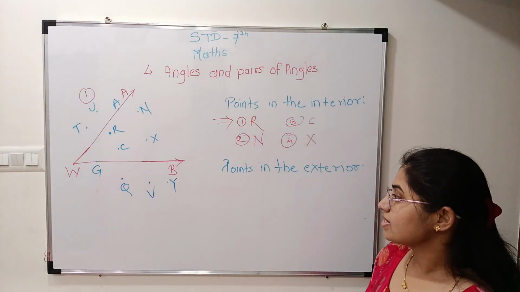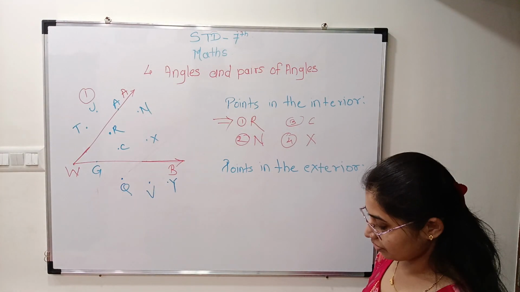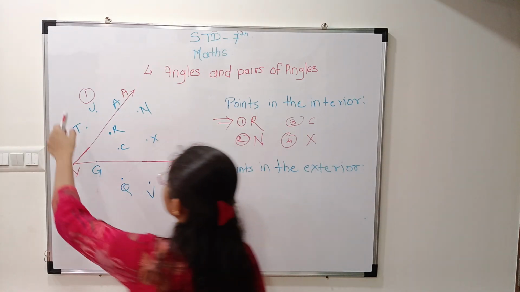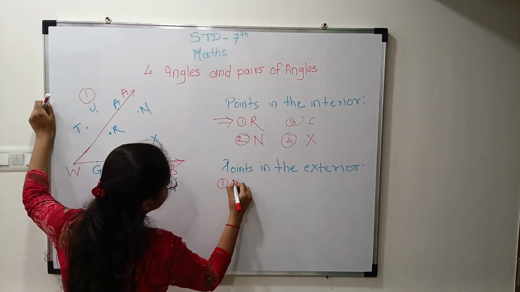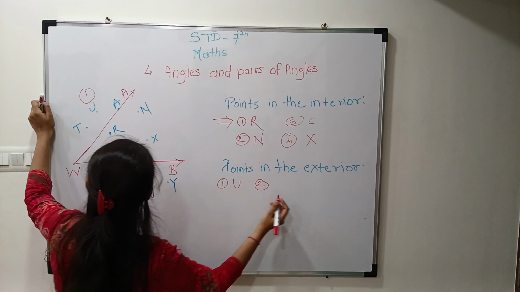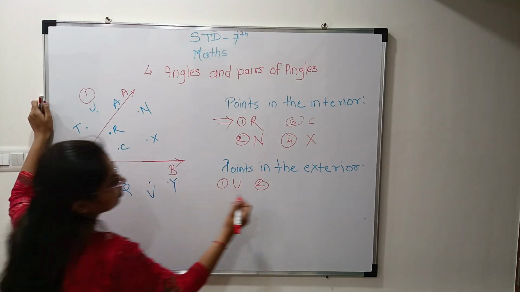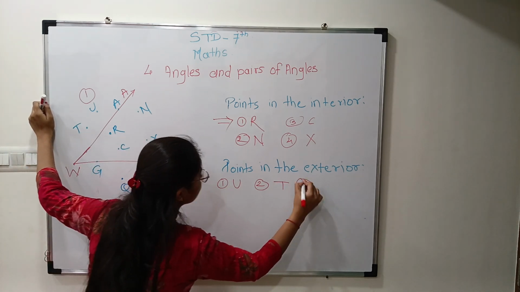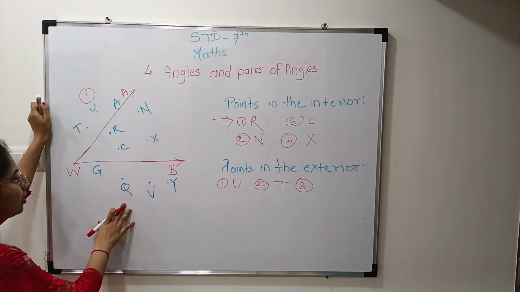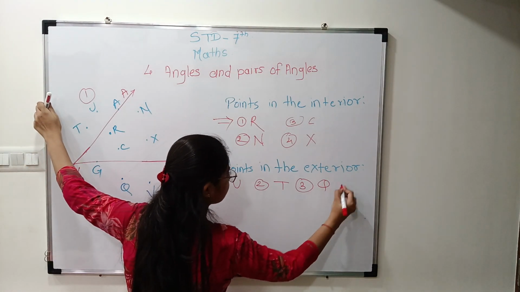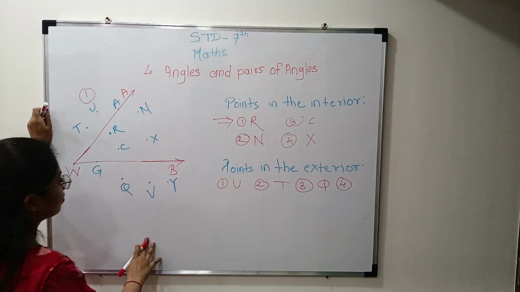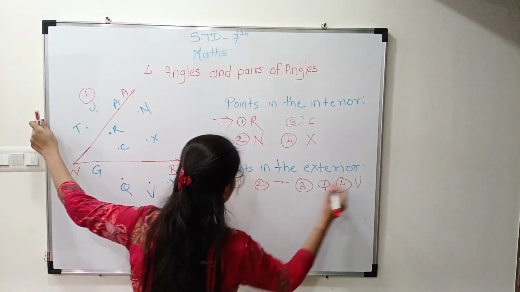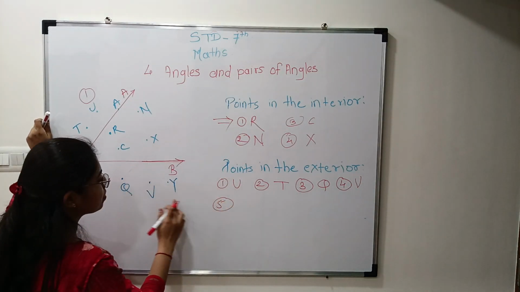So which points are present in the exterior? First point, see here, U. Second point, T. Third, Q. Fourth, V. And fifth point is 1.